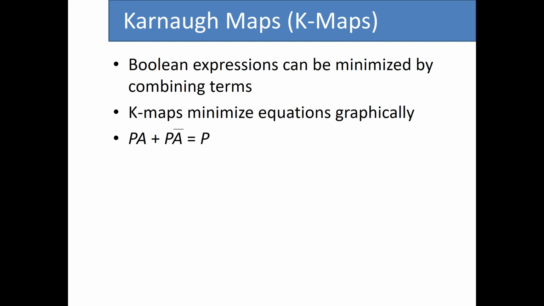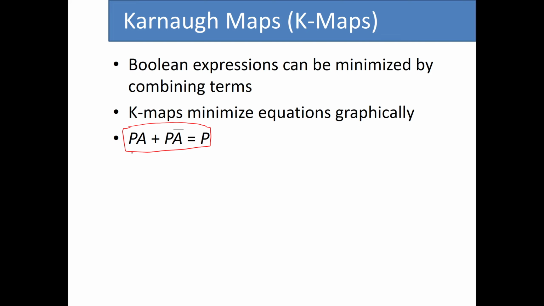As I said, Karnaugh Maps are a way to visually or graphically minimize equations. And the main building block, or the main theorem, that Karnaugh Maps use is this one. We have PA plus PA bar, where P is a Boolean variable and A is another Boolean variable. When we look at this, we see that P is common between these two terms.